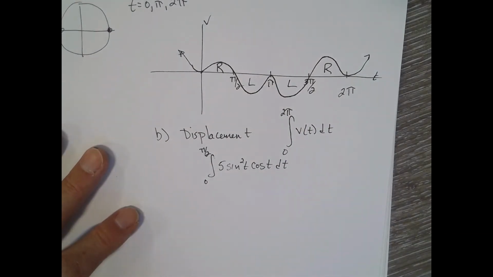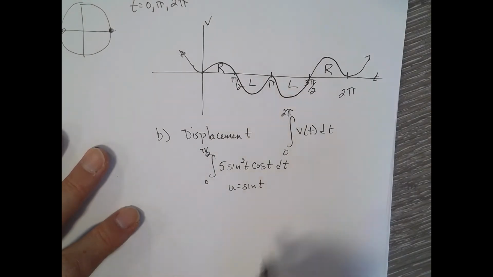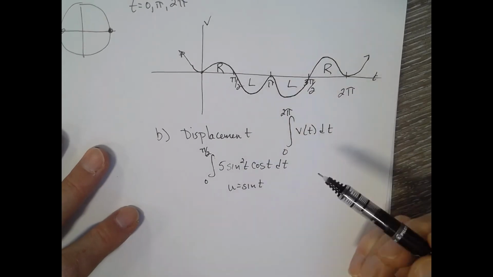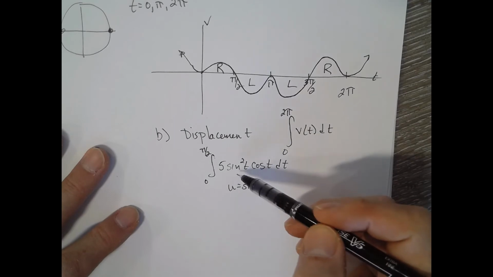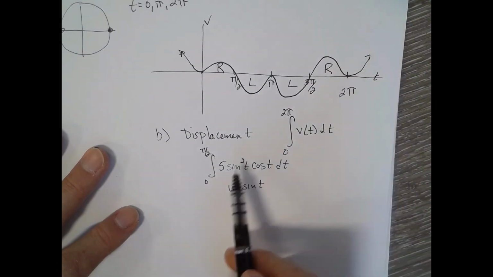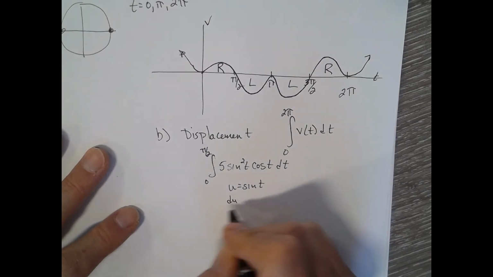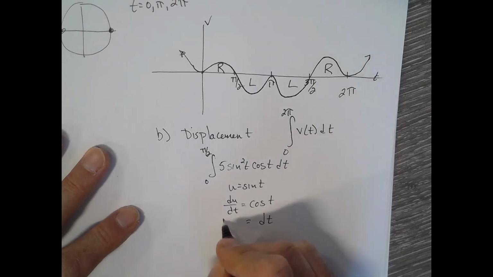That looks like a u substitution where u is sine t, because it's okay to have u squared. If I chose u as cosine t, that would get rid of one of my sines, but not both. So if this is being squared, that's going to be your u. So du dt equals cosine t, dt equals du over cosine t.